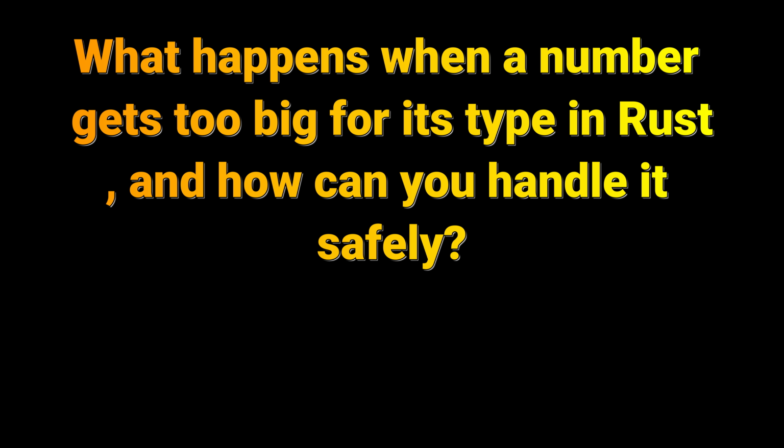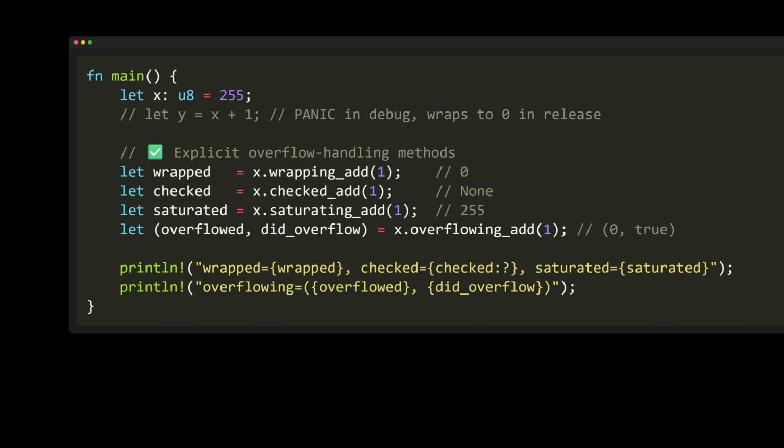What happens when a number gets too big for its type in Rust, and how can you handle it safely? What happens depends on how you compiled your program. When you build in debug mode for testing, Rust will stop the program with an error if a number overflows. When you build in release mode for your finished program, Rust will let the number wrap around to 0 instead of crashing.